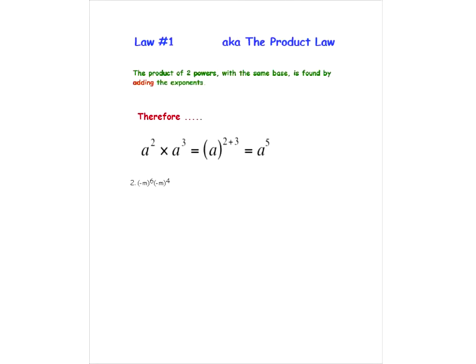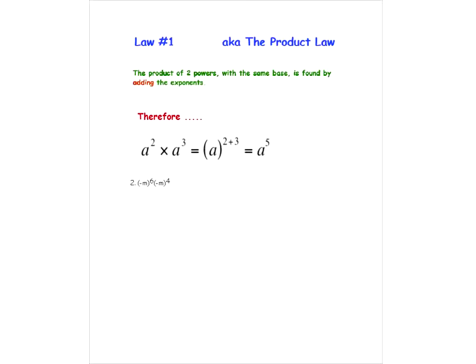Okay, question number 2. Which rule do you think we use for this one? Do you remember what the name is? All right, so this one, we're going to use the product law, right? Because we're multiplying two things together. All right? And you guys know what the answer is going to be?